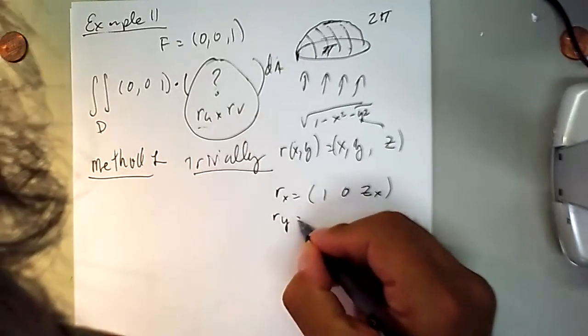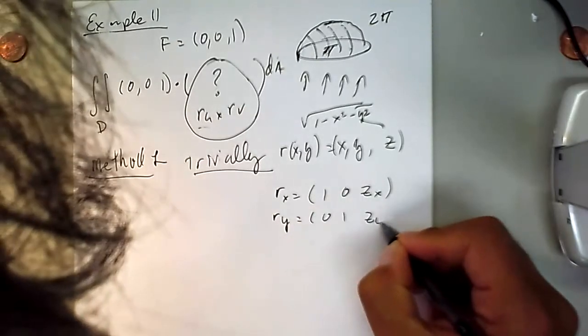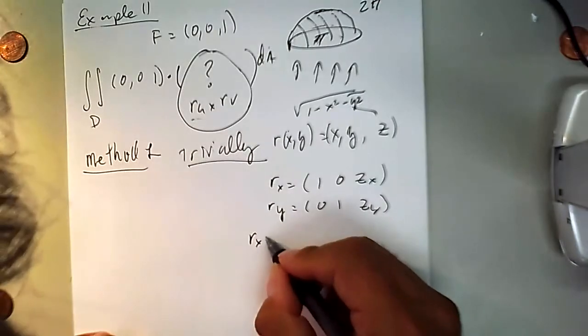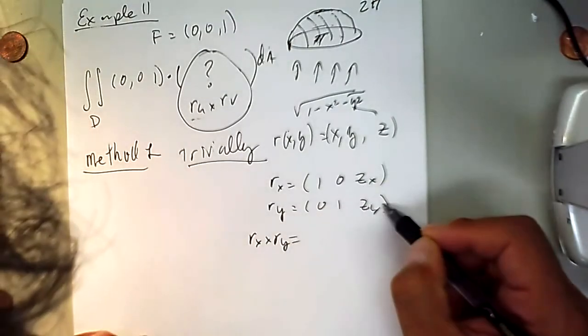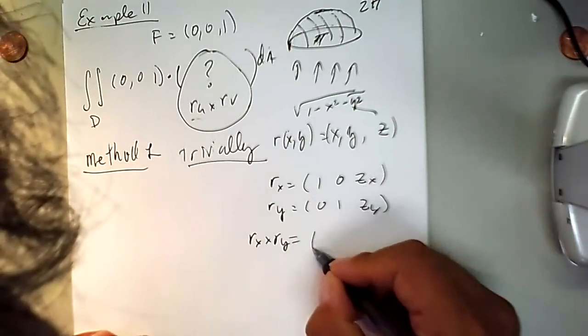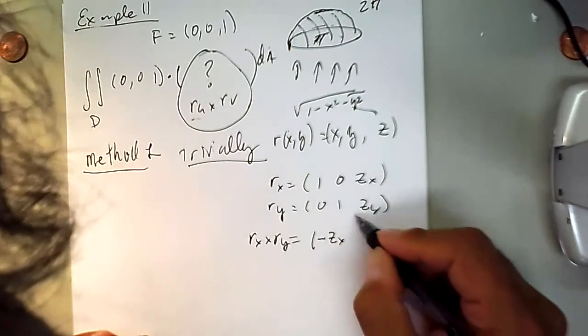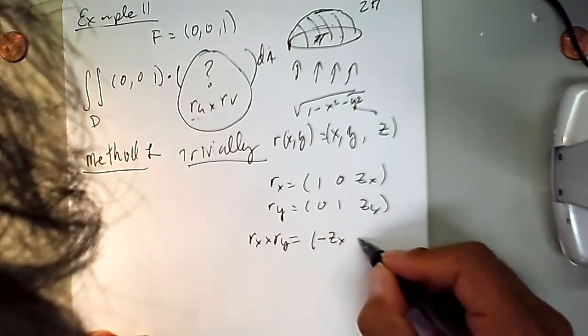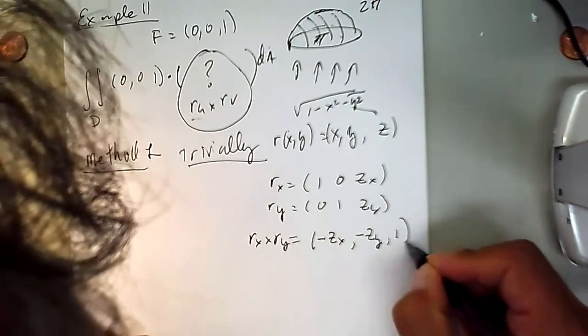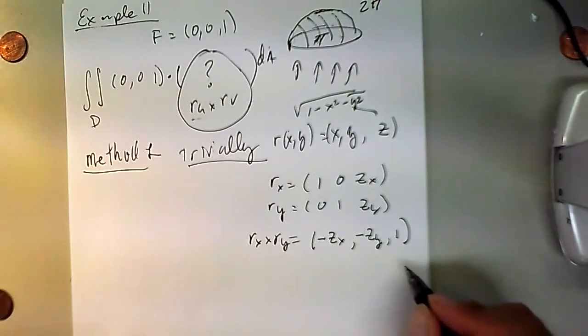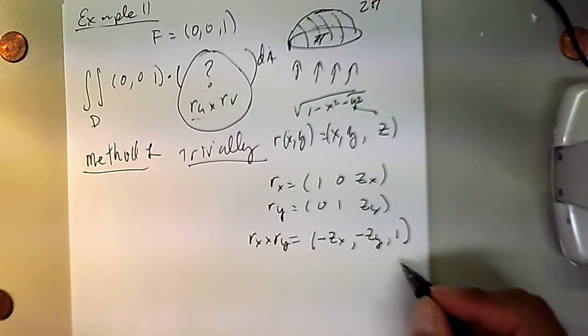R sub y is going to be 0, 1, z sub y. R sub x cross R sub y will be negative z sub x, negative z sub y, and 1. Interesting.